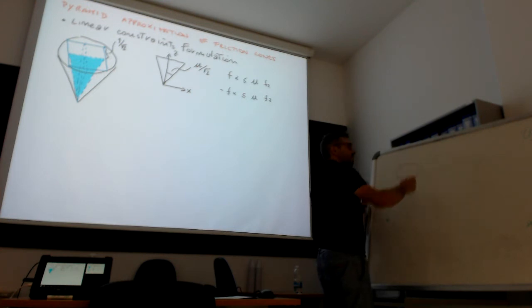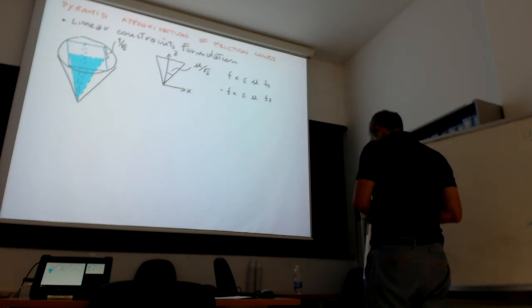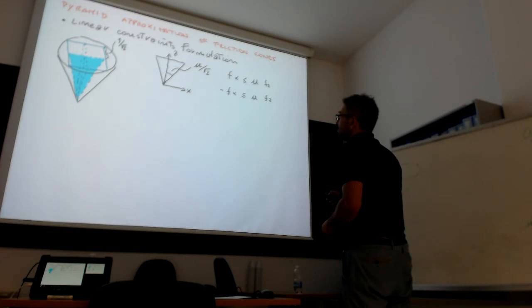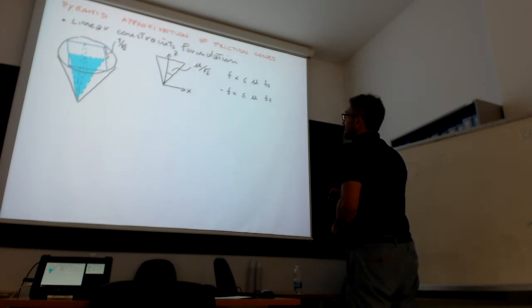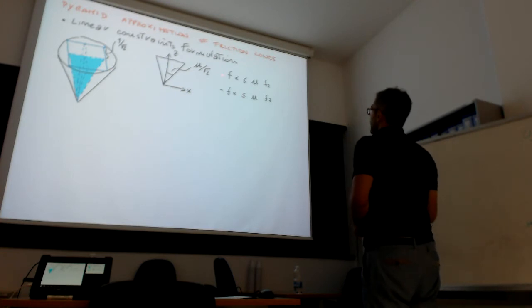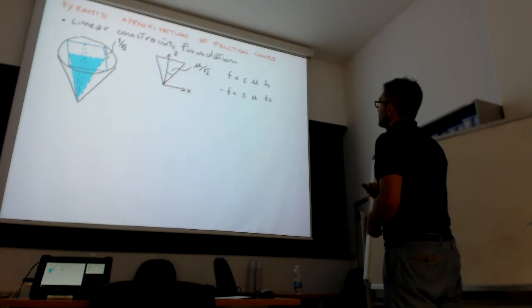I just see that 90% of people use this pyramid approximation, and the approximation is that, in this case, the friction coefficient is mu, so you need to compute mu divided by square root of 2, because you want to define this constraint. So let's say we are considering this slice in this plane, and we see that we have to have the friction force inside here. The force will be in this quadrant, and in this case, this inequality constraint holds. So this is mu over square root of 2, of course.